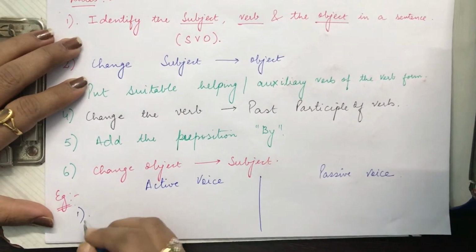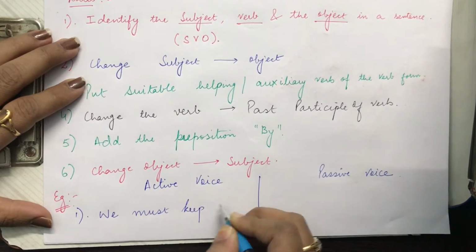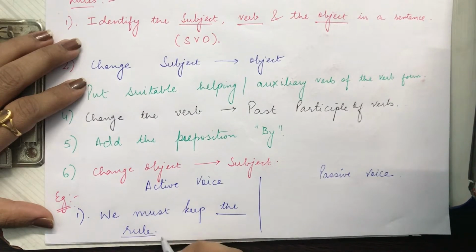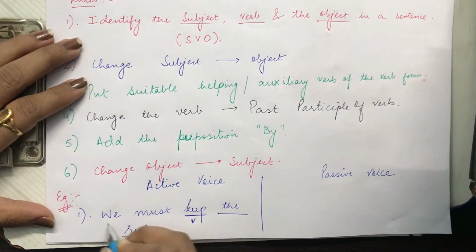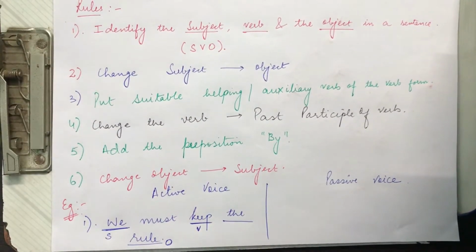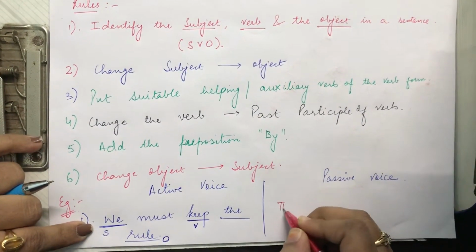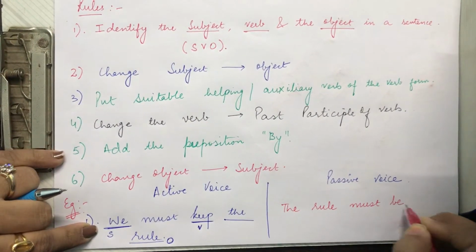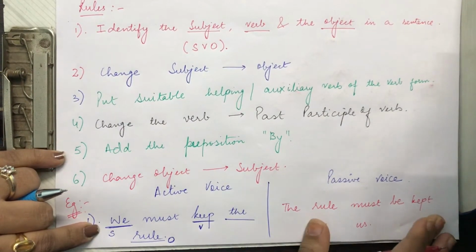Okay, the first one is we must keep the rule. Now, the rule is the object. Keep is the verb. We is the subject. So, we are going to have the passive voice as the rule must be kept by us.